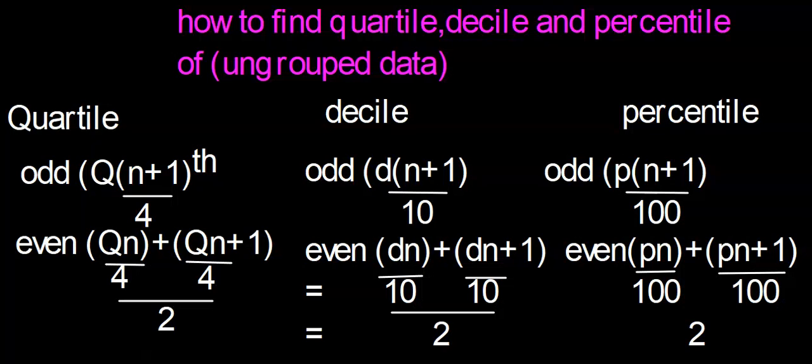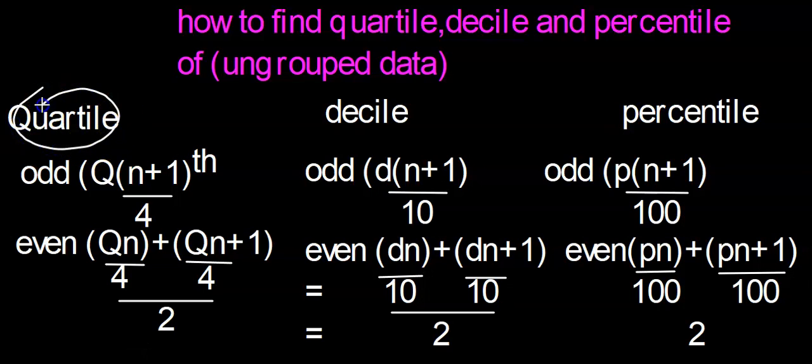I want you guys to understand these formulas. They look a little bit complicated, but there's a pattern that can help you grasp all of them. As you can see over here, as you know, tri means 3 and quartile means 4.